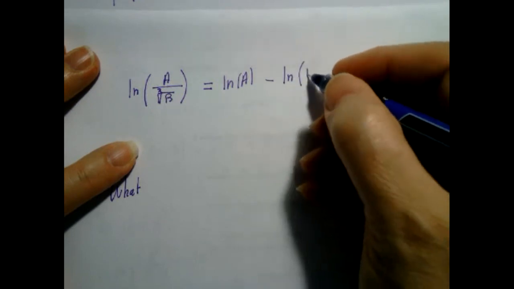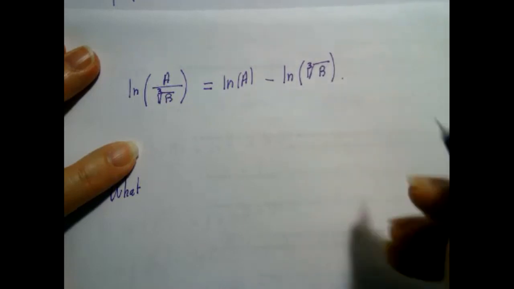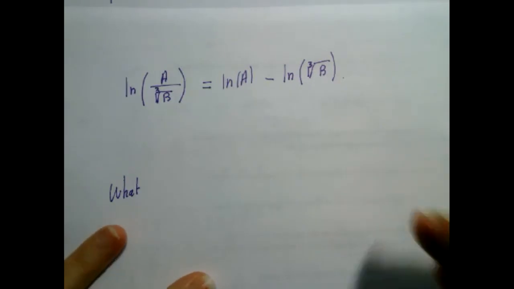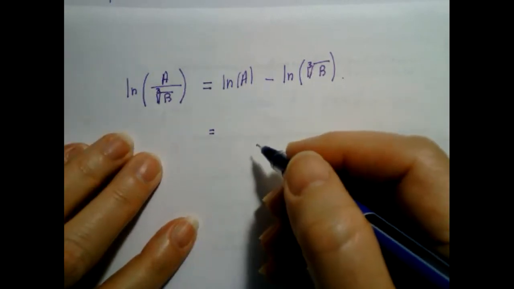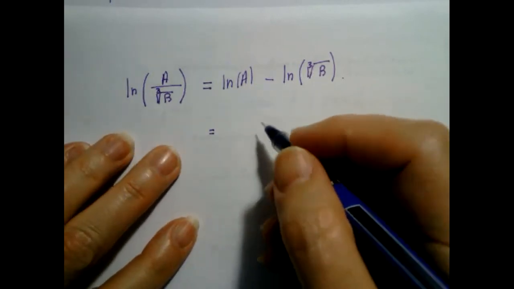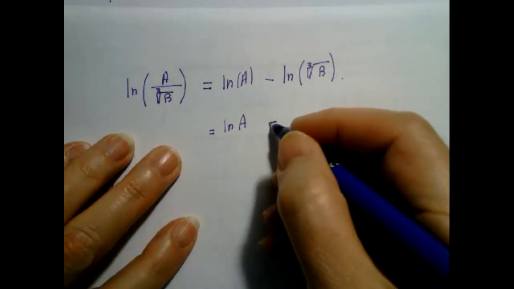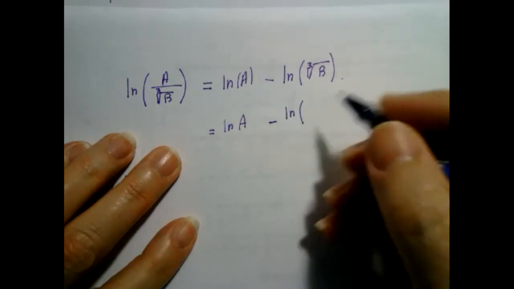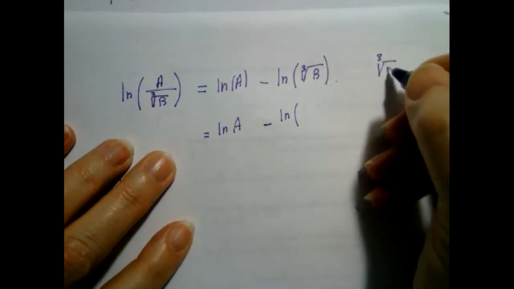Yeah, minus ln of the cubic root of B. Okay, it's called cubic root. You guys have trouble. Cubic root, fourth root, fifth root. Okay, all right. Now, what did you do? So I just brought the ln of A down. And then minus the cubic root of B.